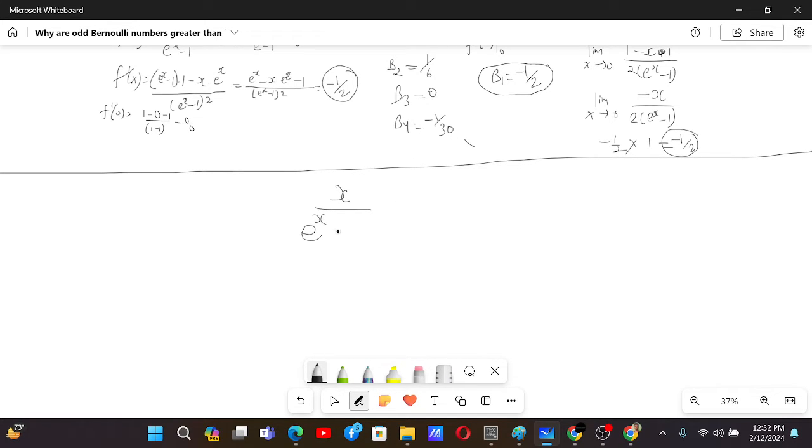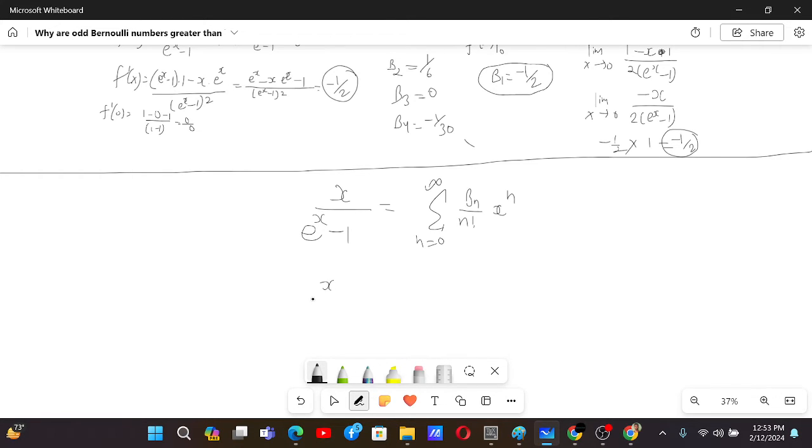We have x by e to the power x minus 1 as the sum from n equals 0 to infinity of B_n by n factorial x to the power n. Now let us take out the term for n equals 1 from this series.